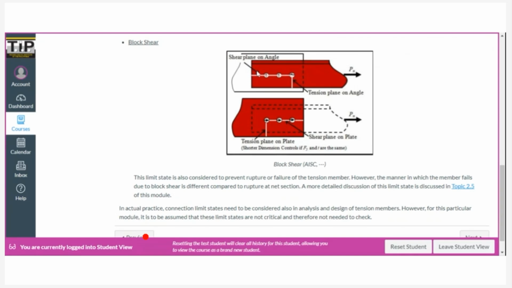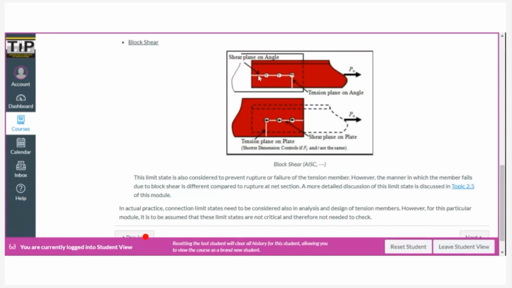Okay. So, in this case, there might be a failure pattern such that this one will be left here and this one will be broken off. Okay. So what happens is that there is a tension failure here, tension rupture rather. And then there is shear failure or shear yielding at this point.